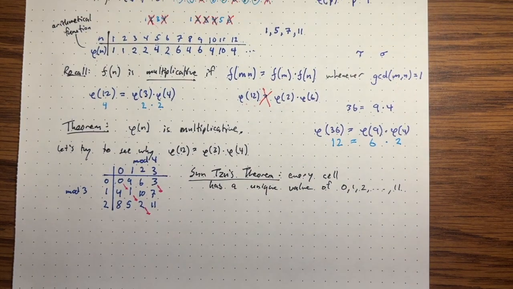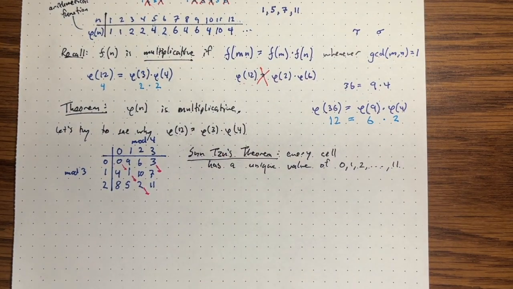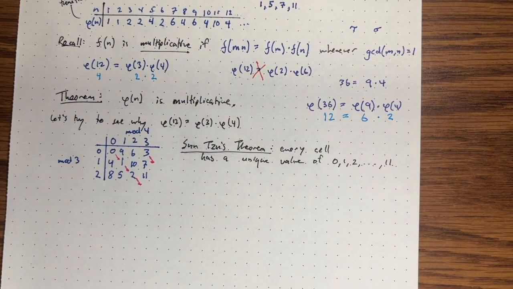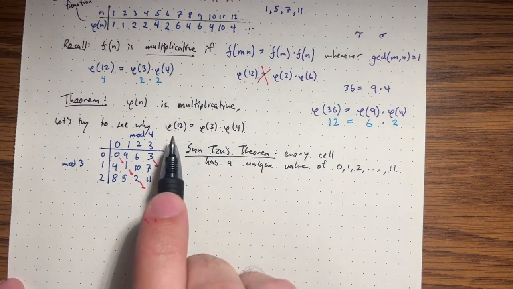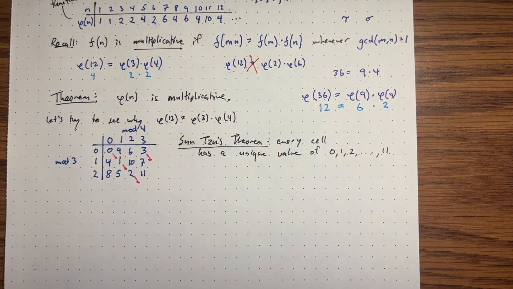Turns out, if you just stare at this grid, you can see this equation, which is really nice. So why can I see it? Well, let's suppose I have one of these numbers that shares a factor with 12.